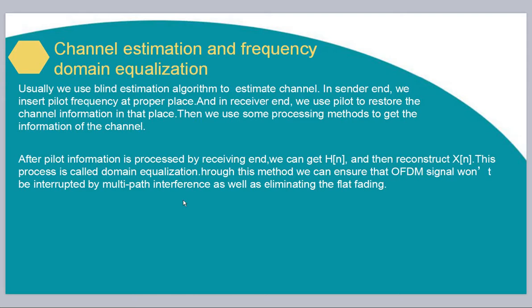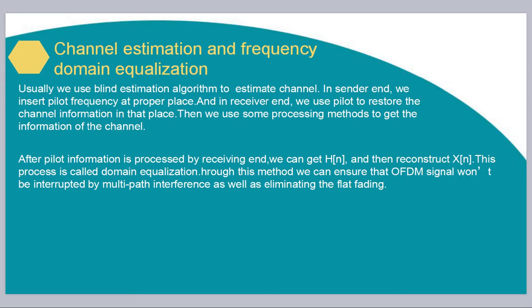The third part is about channel estimation and frequency domain equalization. Usually we use a blind estimation algorithm for each channel. At the transmitter end, we insert pilot frequencies at proper places, and at the receiver end, we use the pilots to restore the channel information at those places. Then we use some processing method to get the information of the channel.